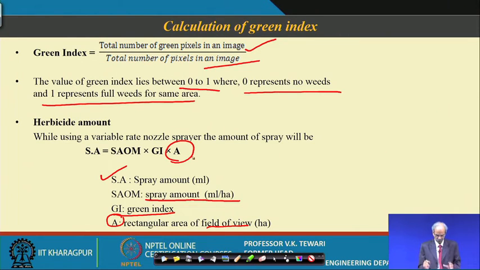So, once you know the area of the field, if you want milliliters, then the amount in milliliter per hectare, the green index, and then the area, these two will cancel, and ultimately you will get the spray amount. So, it is a very simple way of finding out the herbicide amount and the calculation of green index.